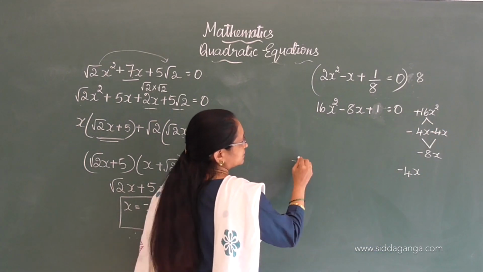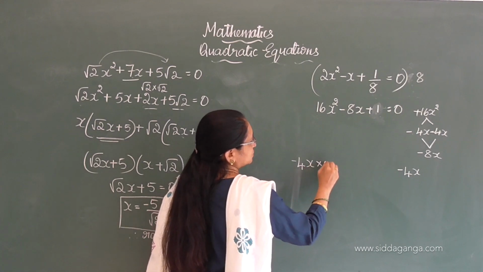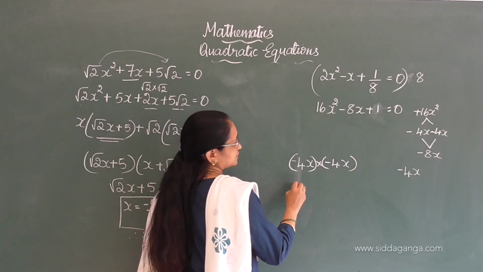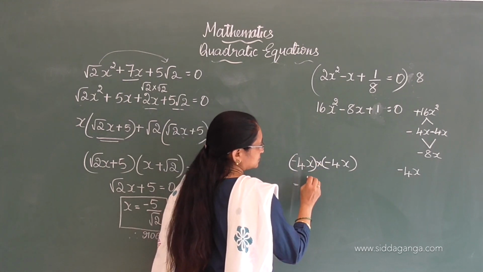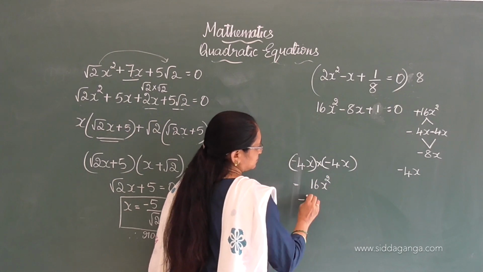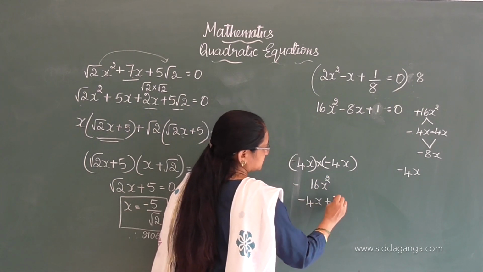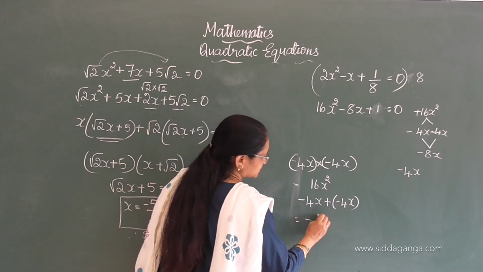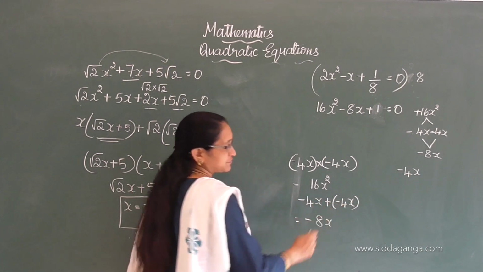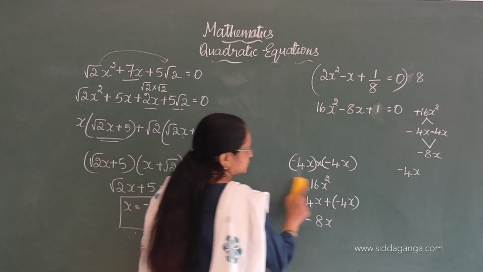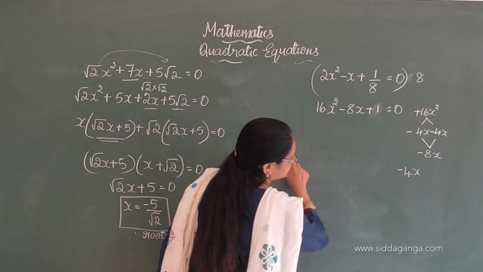So, here I will do it, minus 4x into minus 4x. What does it give? It gives you minus into minus plus, 4 4s are 16x square, and minus 4x plus minus 4x. What does it give? Minus 8x. See, minus 4x, 8x, correct? So, like this you have to do it.